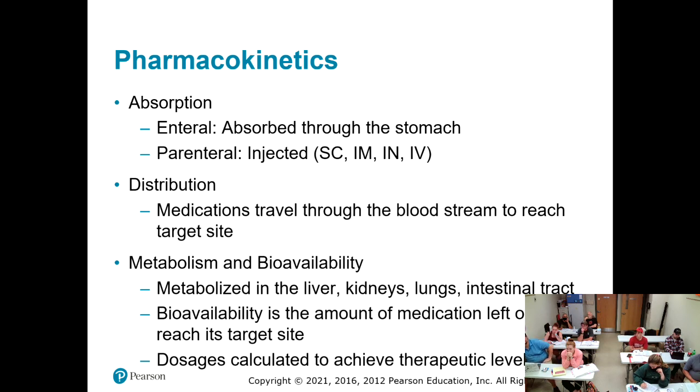When that drug was going through trials, they did FDA studies to reach the therapeutic threshold to achieve what that drug needs to do. That's why we come up with dosages. Okay? Bioavailability is the amount of medication left over when the medication reaches the target receptor site. And that's how dosages are calculated to achieve a therapeutic index.